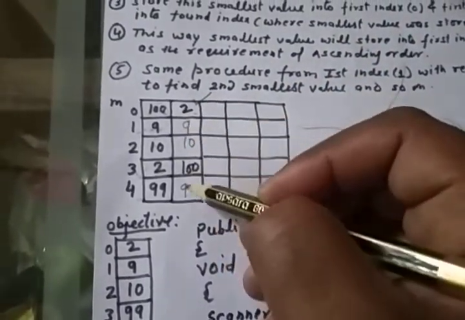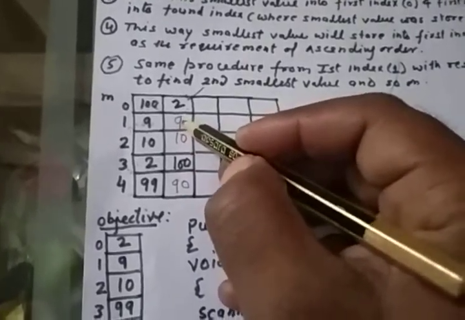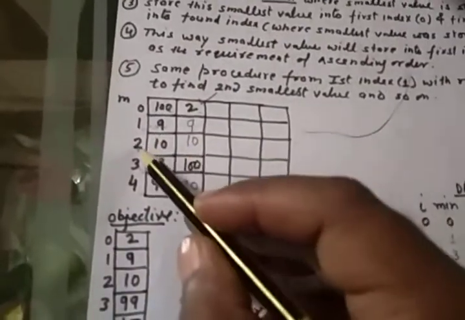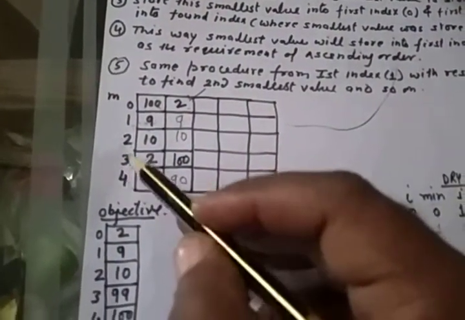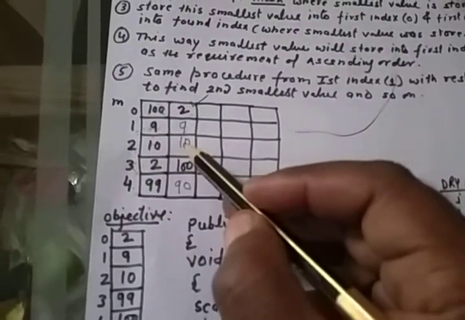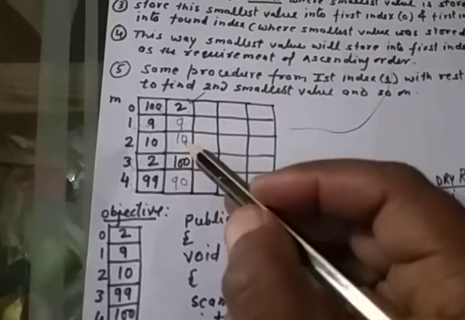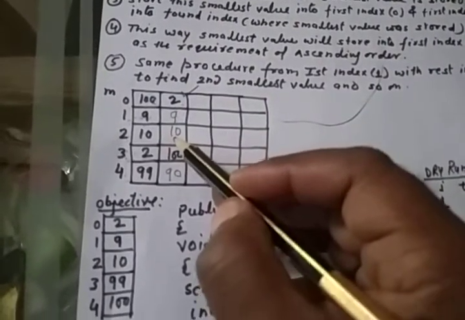From here to here we are not finding any smaller one, so 9 is the second smallest and it is in the right place. No exchange will take place with this logic. In the third one, we will take 2 and compare it with 3 and 4. The value will remain the same because there is no smaller value than 10, so this is in the right place.